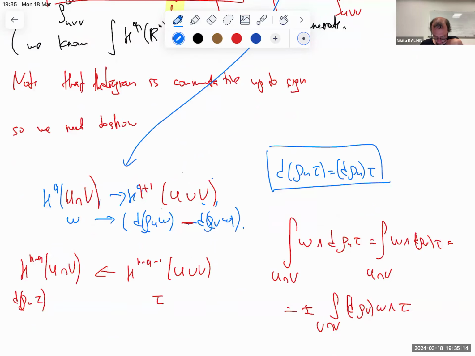Okay, and so that's what actually happens. I just put the function from here to here, and there's nothing except that the position of the differential function changes. So it means that up to sign it's just the same.